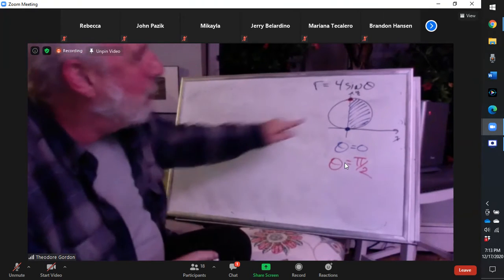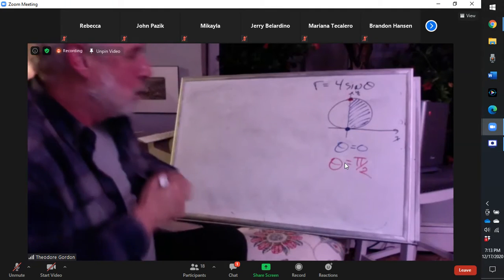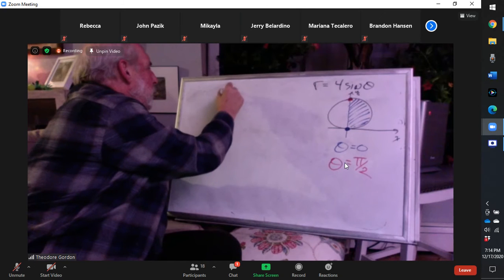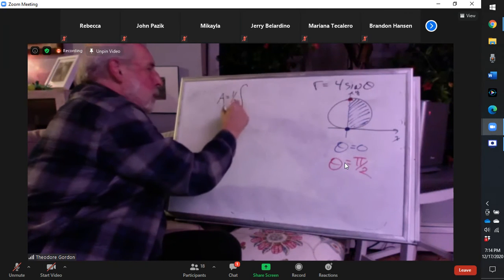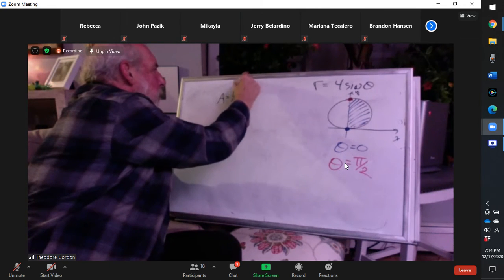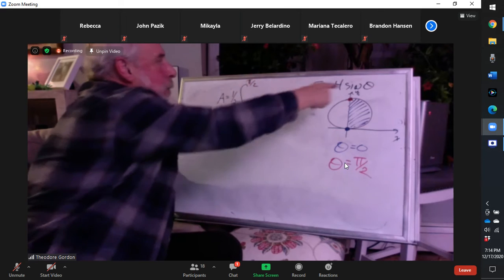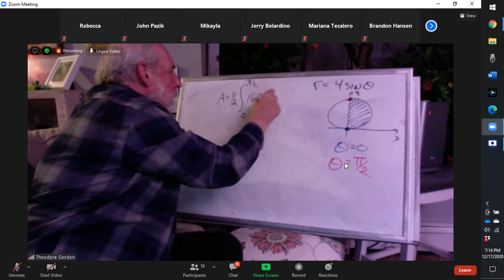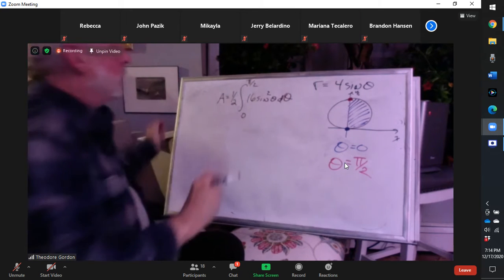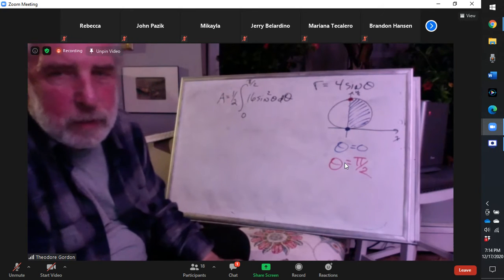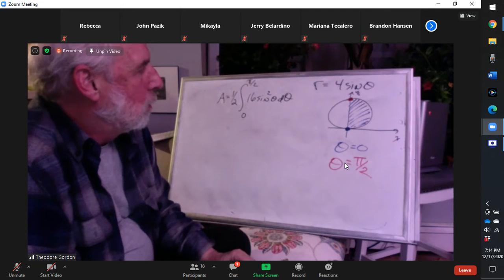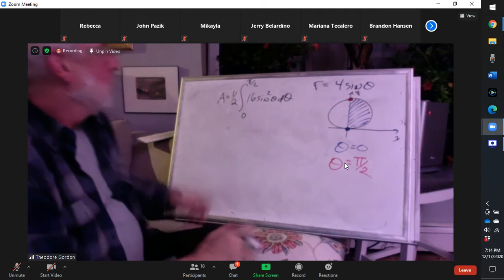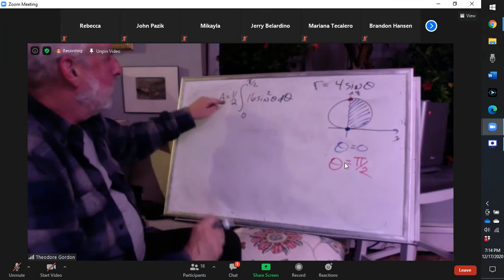So to figure out the area of the half circle, it becomes area is equal to 1/2, integral from 0 to pi over 2. And we square this, so that gives us 16 sine squared theta d theta. 16 is a constant, we pull that out.